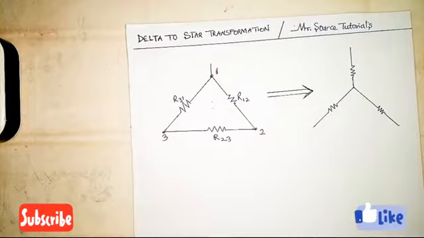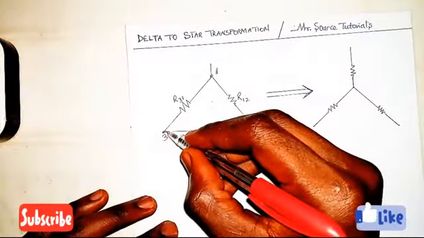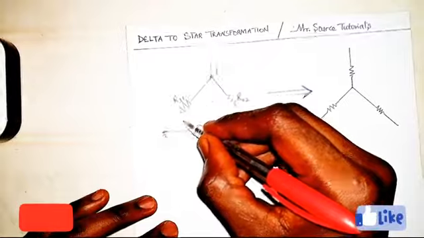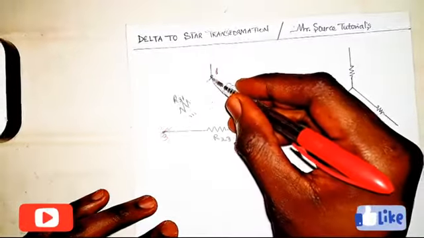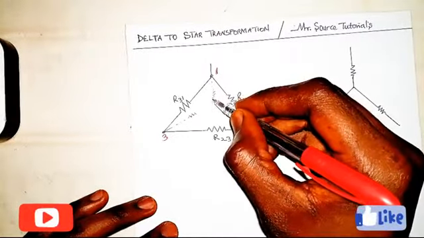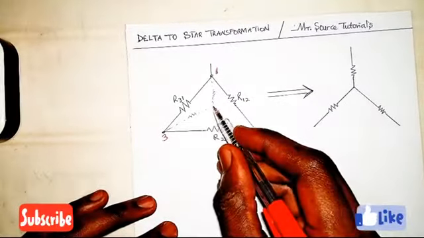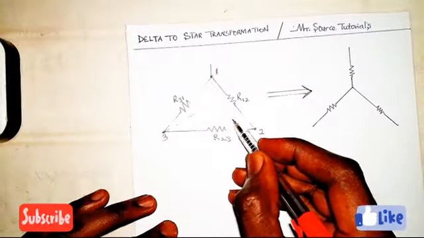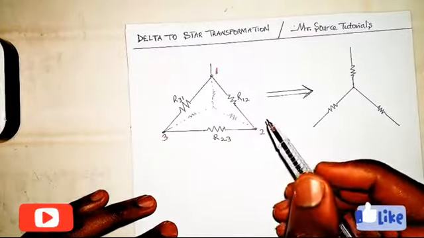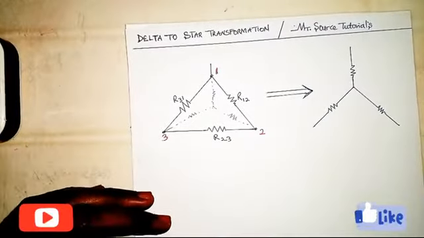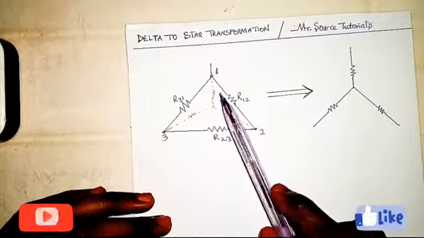So now, what we have in mind is for us to have this system in this form. Note that I'm using the dotted line in the middle. Take note of that. What we have in mind is for us to have a resistance in this form.